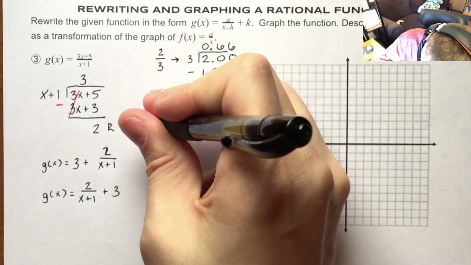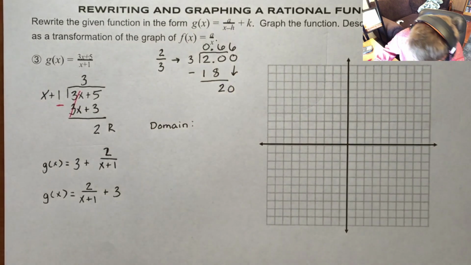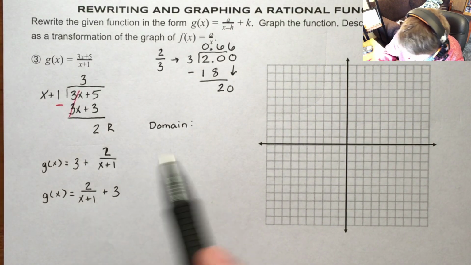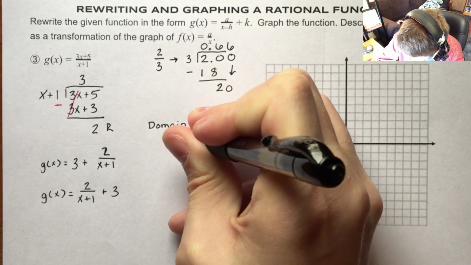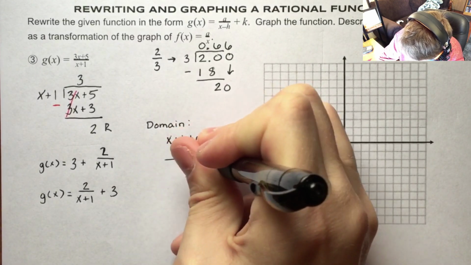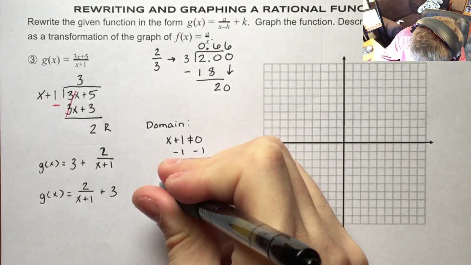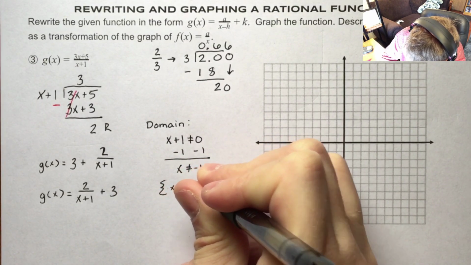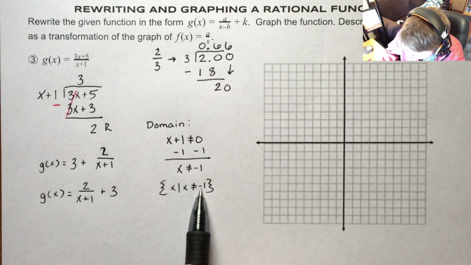Okay, so that's going to allow me to find things such as the domain. So for the domain here, I'm looking at this bottom here. I know my graph is going to be shifted to the left one, or I can say x plus 1 is not going to be able to be equal to 0. So x cannot be equal to -1, giving a domain of the set of x values such that x cannot be equal to -1.